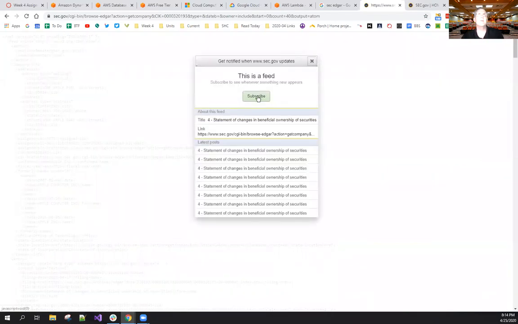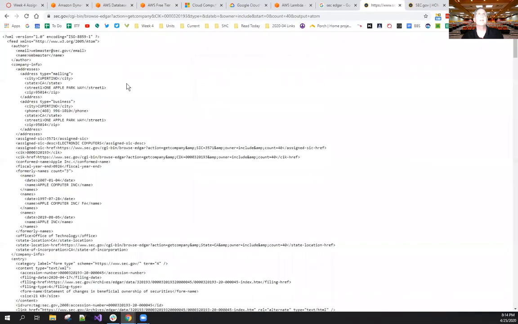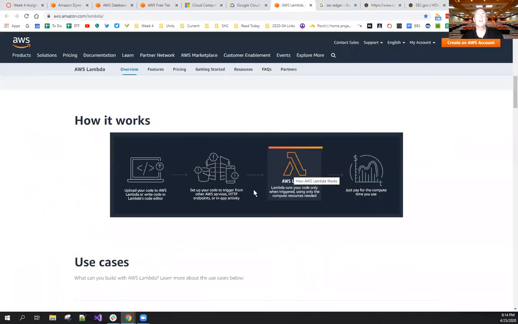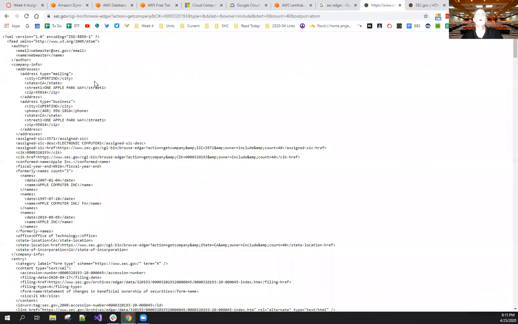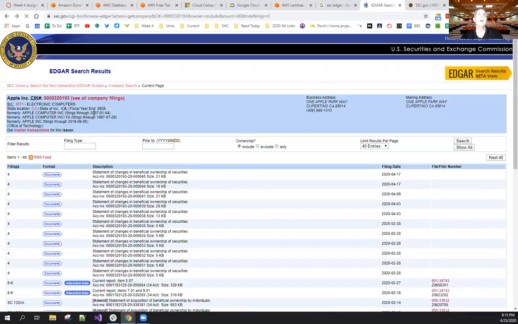We can subscribe to it. An RSS feed means that the minute that data comes in, we get alerted. So let's say we have our AWS Lambda service sit there and monitor. See right here, set up your code to trigger. So our Lambda code will sit there and wait for somebody to upload their financial data, using our RSS feed to monitor.